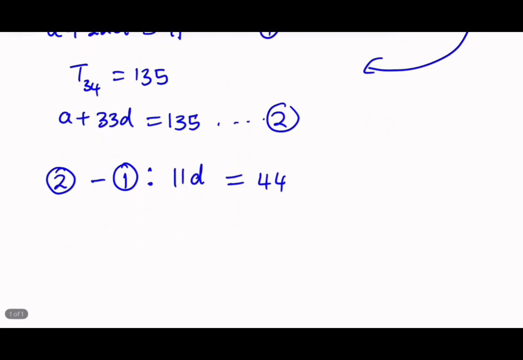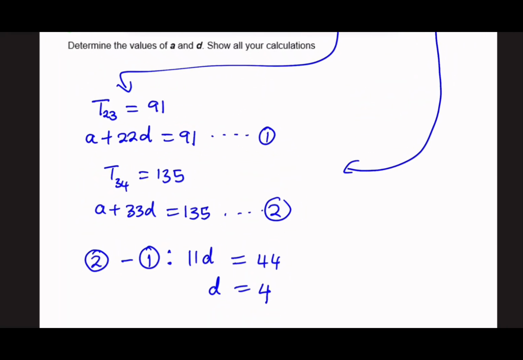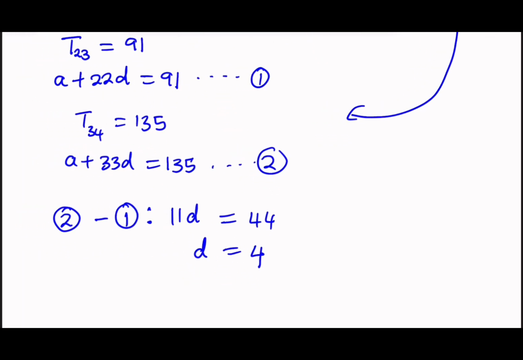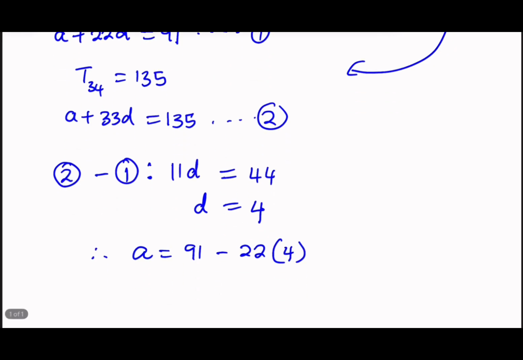Divide both sides by 11, giving you that d is equal to 4. Very simply, you now have d, and you just need a, which you can substitute into either of the two equations. I will choose equation 1, so a is equal to 91 minus 22d, but I'll put 4 in the place of d, allowing me to say a is equal to 3.